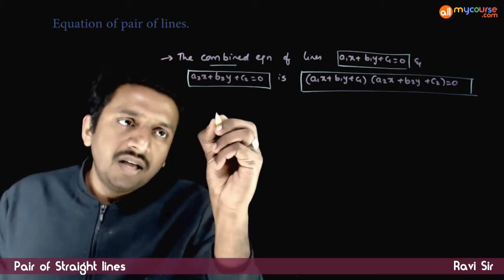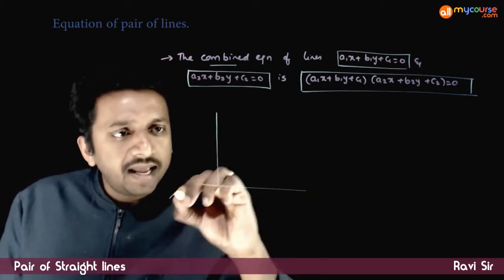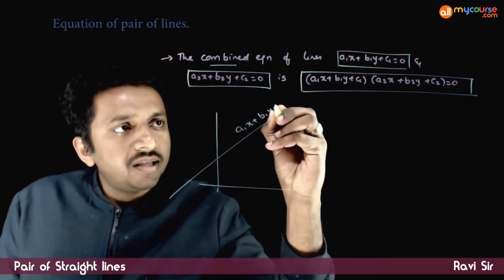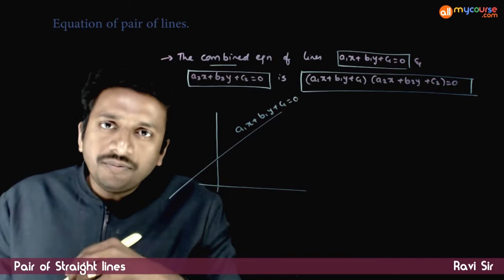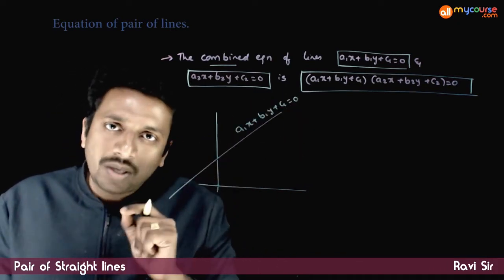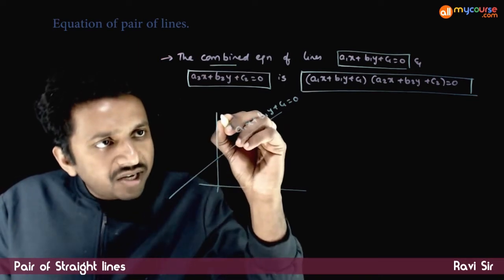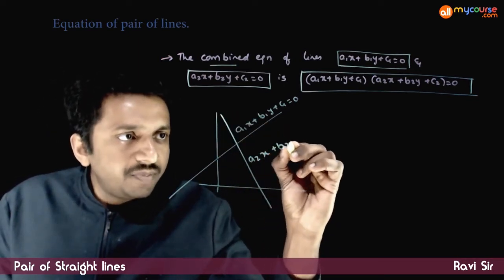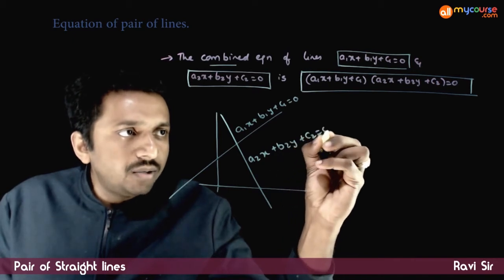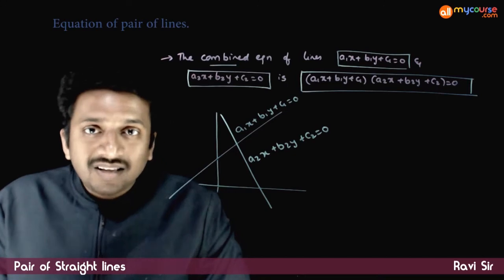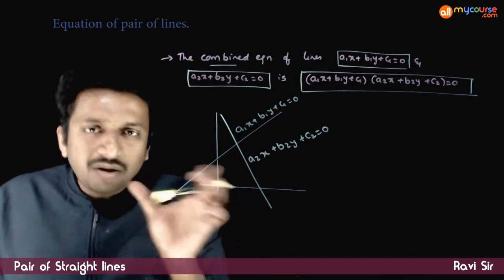That is, if you have a line a1x plus b1y plus c1 is equal to 0, we know that this equation represents one straight line. And if you have another straight line whose equation is a2x plus b2y plus c2 is equal to 0, now, what is the equation of this pair of lines?